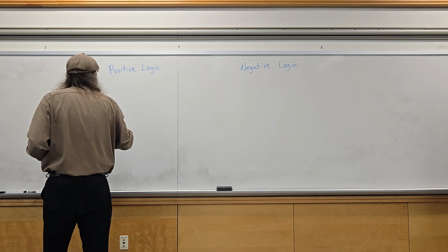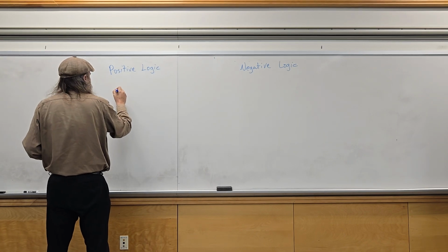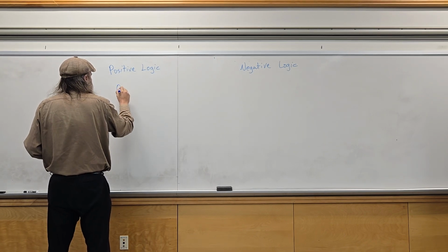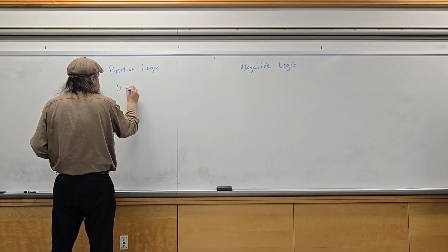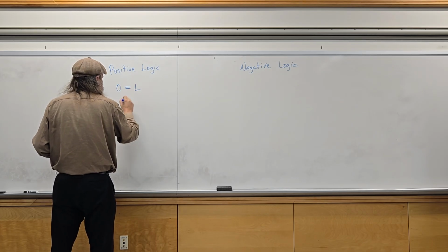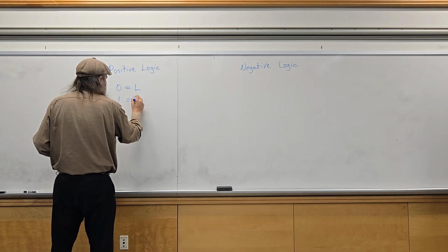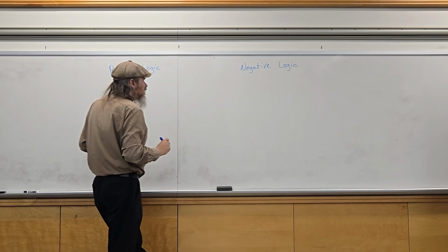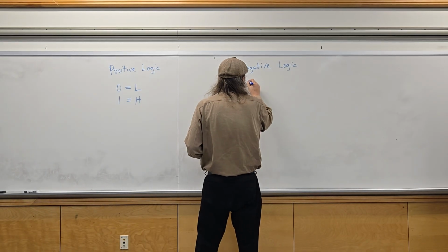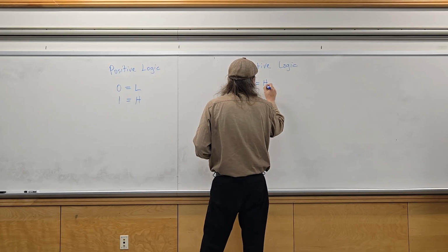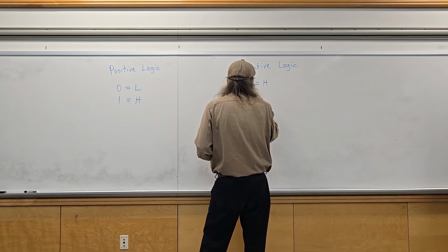Positive logic, 0 is low, 1 is high. Negative logic, 0 is high, 1 is low.